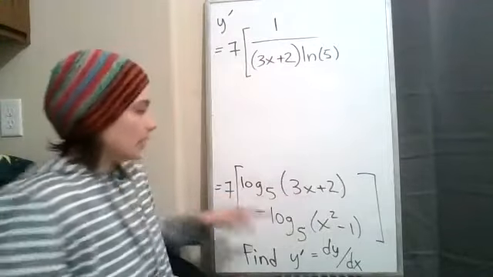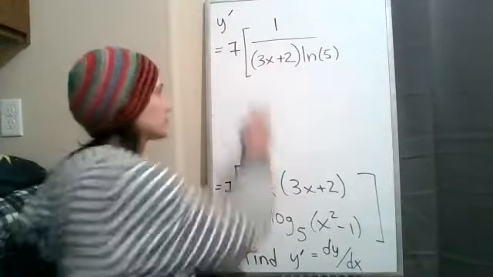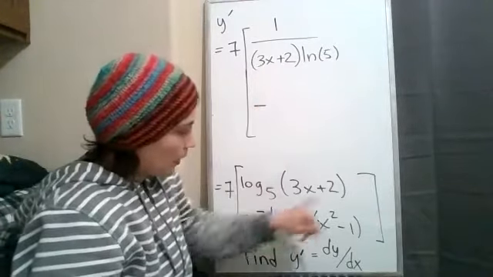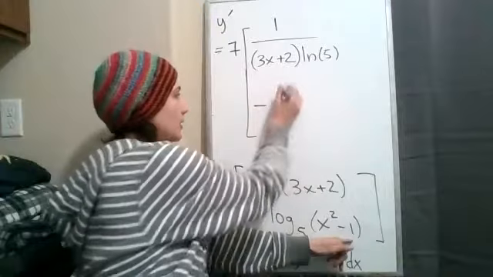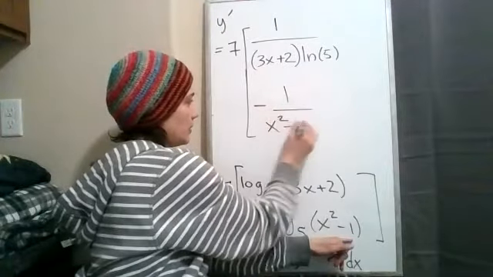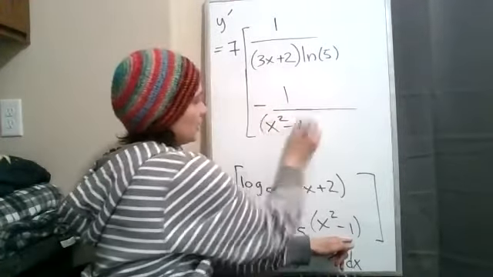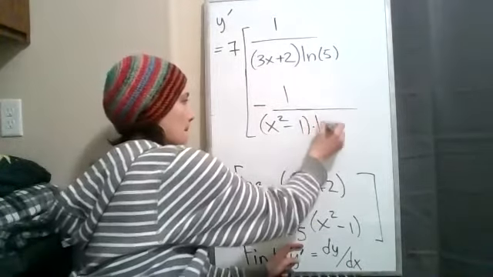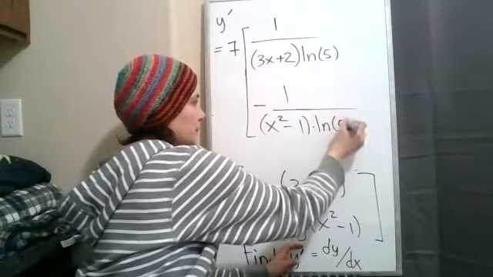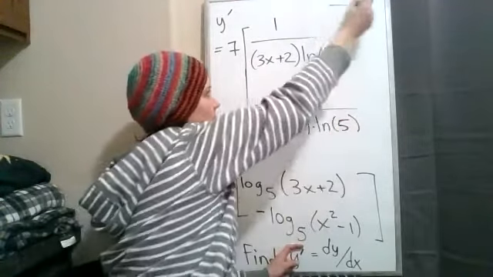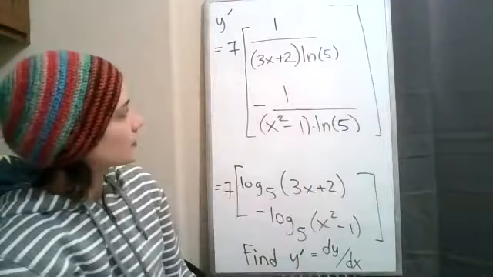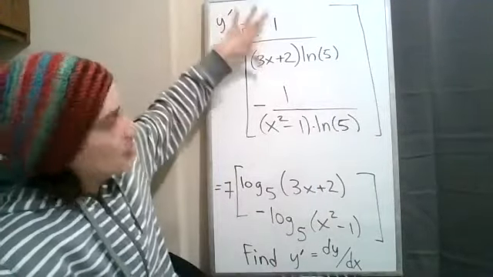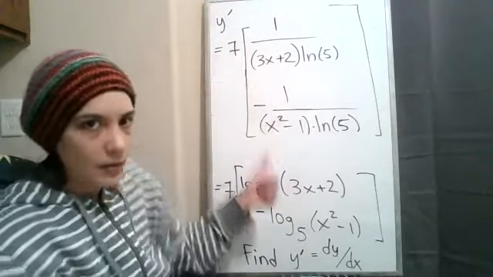Cool. Then subtract 1 over the argument, x squared minus 1, multiplied by ln of 5. And that's the derivative. So 7 times this term minus that term.